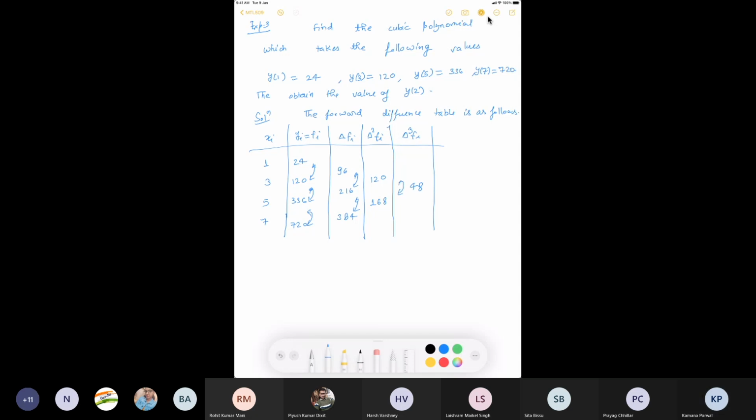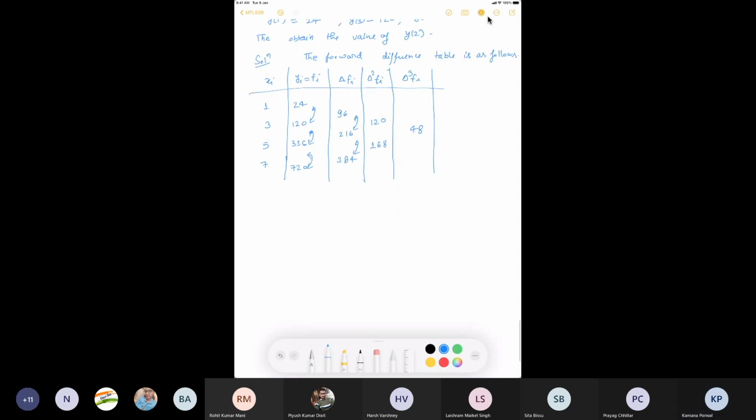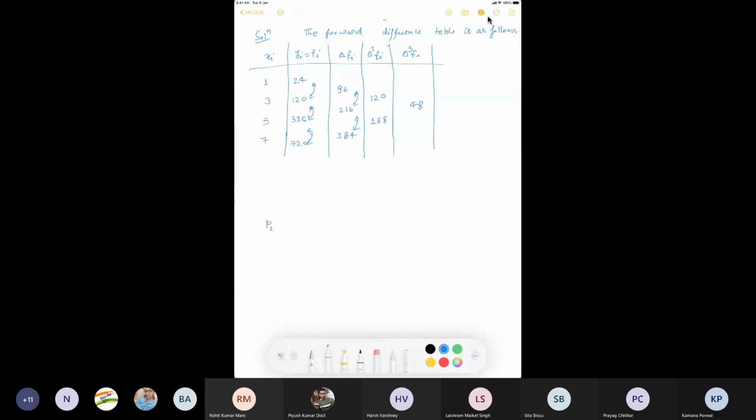So once we have this table, we can find the polynomial. We have that P3(x) is given by f0 plus P choose 1 delta f0 plus P choose 2 delta square f0 plus P choose 3 delta cube f0.